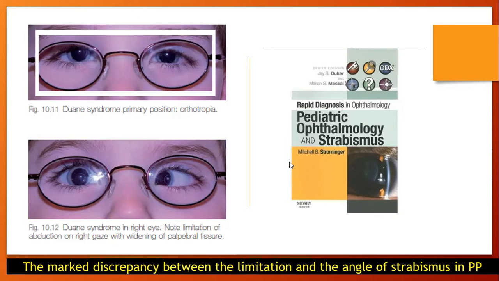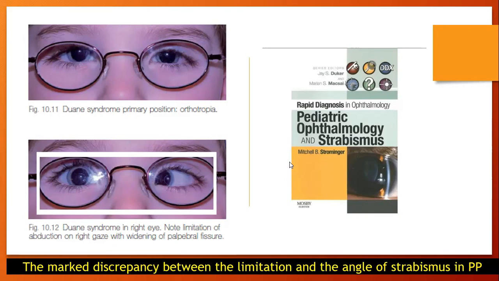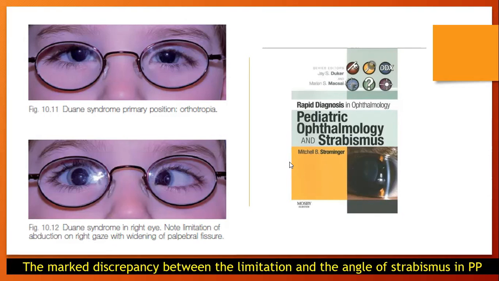So in the first photo here, this is orthotropia, right? But here there's no abduction. So if it was a sixth nerve palsy, it should be like severe esotropia in the primary position. So whenever you have a case and there is marked limitation in the movement, but in primary position there is orthotropia or slight angle, that's why Kanitsky mentioned slight esotropia, slight exotropia.